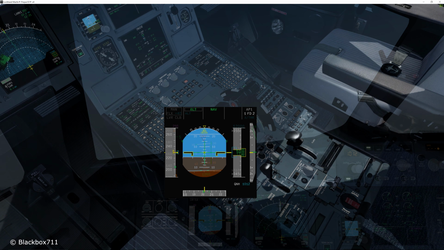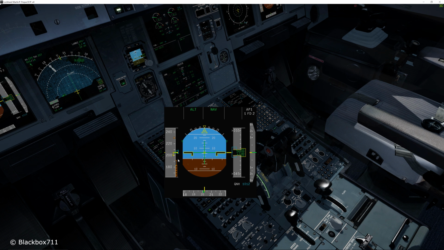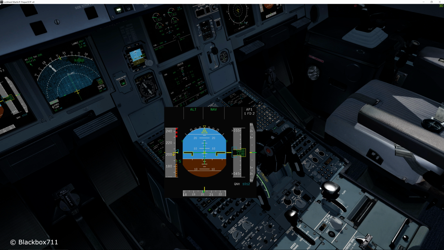Now, needless to say, if you, for example, extend the speed brakes, then obviously the VLS changes as well, and that is because the speed brakes increase the stalling speed of the aircraft. Likewise, increasing the flap setting lowers the stalling speed, and hence VLS is decreasing as well.